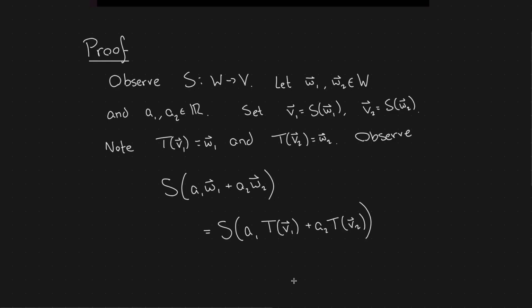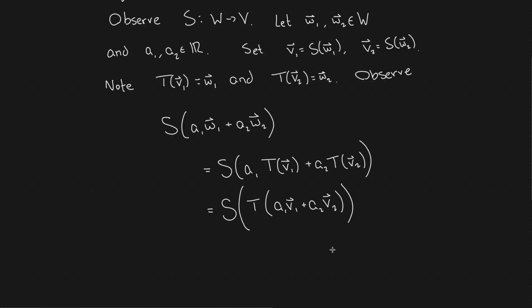All right, but T is a linear transformation. So inside the parentheses, I have scalar multiplication, I have vector addition. I can move all those operations inside transformation T. So I get transformation of A1 V1 plus A2 V2. Just use the fact that T is a linear transformation, which we know.